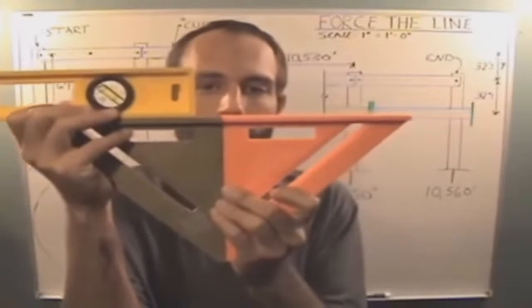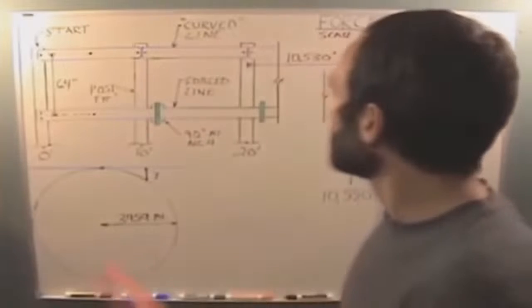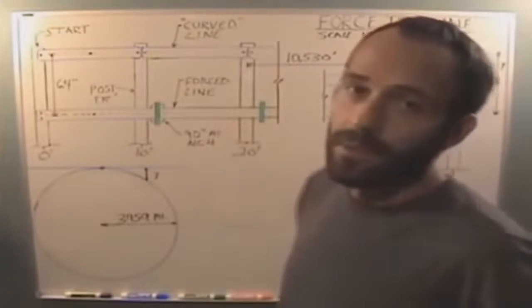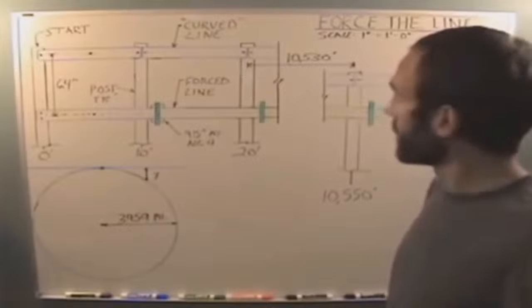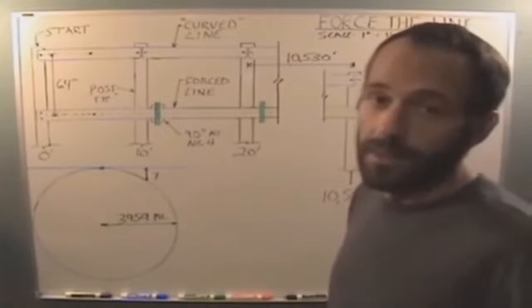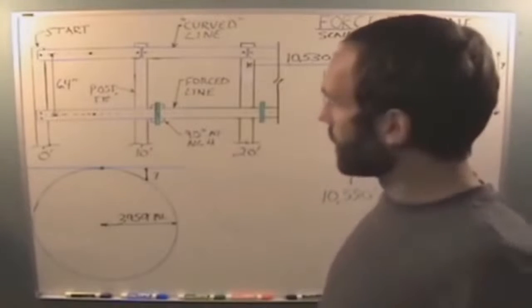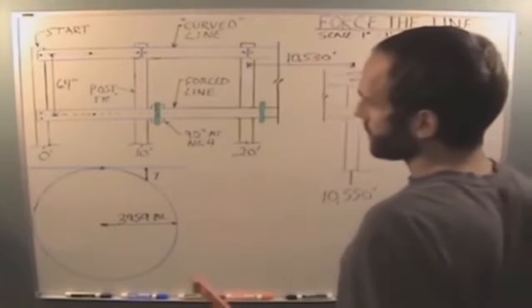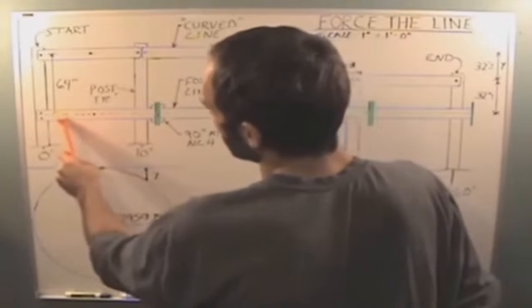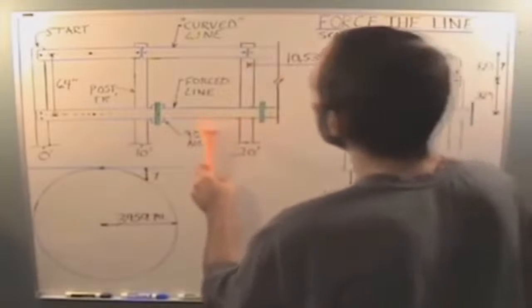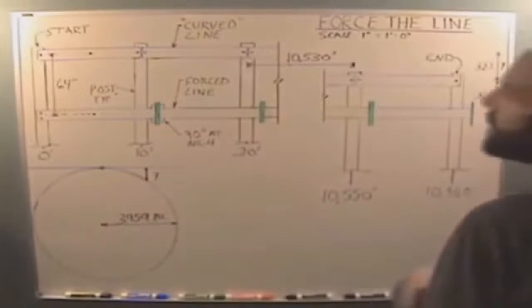Okay, so now this second beam is not actually level. You wouldn't be able to tell from the naked eye. And if you put a level on it, it would probably still show that it's level because our levels are not that accurate. But it will stay in line with this beam. And we do that all the way down to the end.